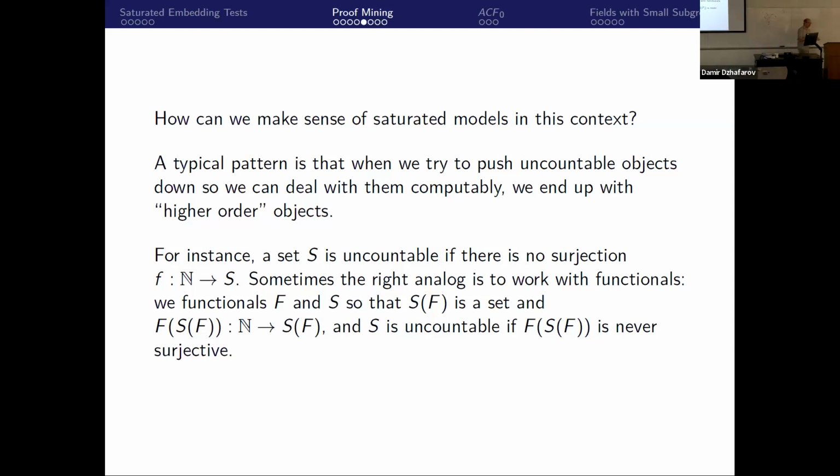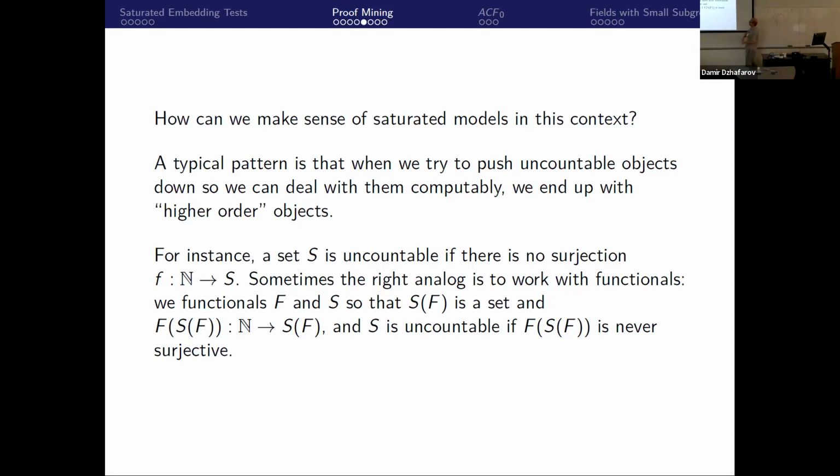And it turns out that sometimes when you want a computational analog of this, instead of looking at a function lowercase f from the natural numbers to a fixed set S that's presumably uncountable, which doesn't make sense in a computable setting, I look at these dynamic objects where I have a functional f and then a function s, and s now turns this functional f into a set, and then f is allowed to look at that set and produce a function.